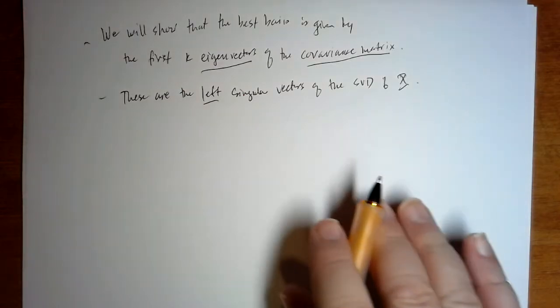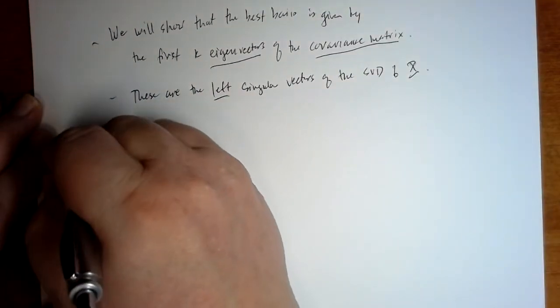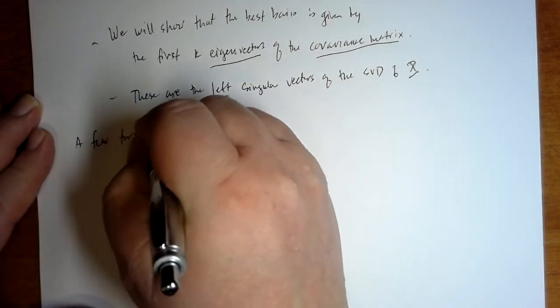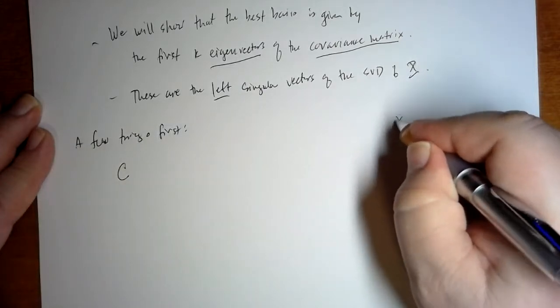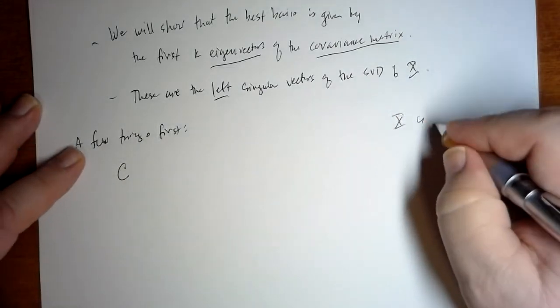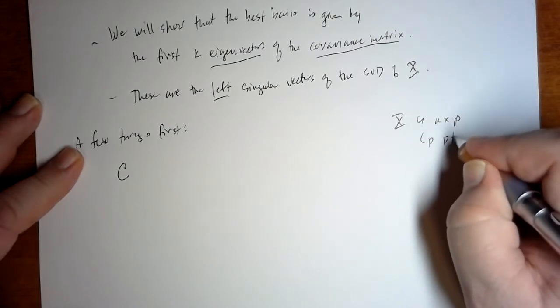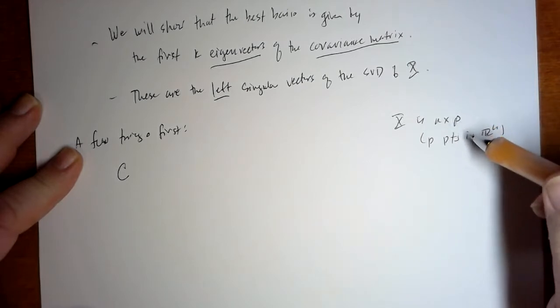First off, let's remember what the covariance matrix is, just to give us a reminder. The covariance matrix, so X is n by p. So we're thinking of that as p points in R^n, and so our data is stored column-wise.